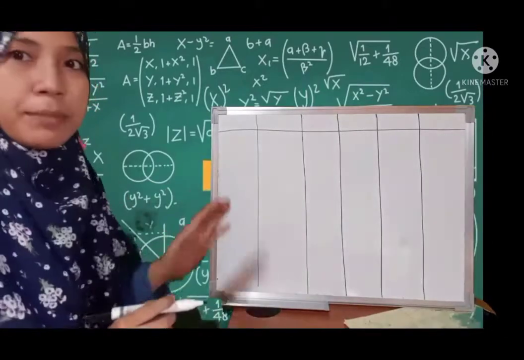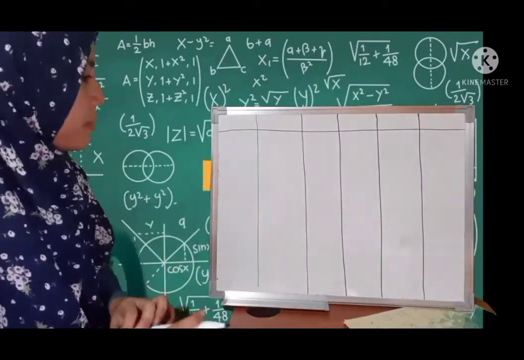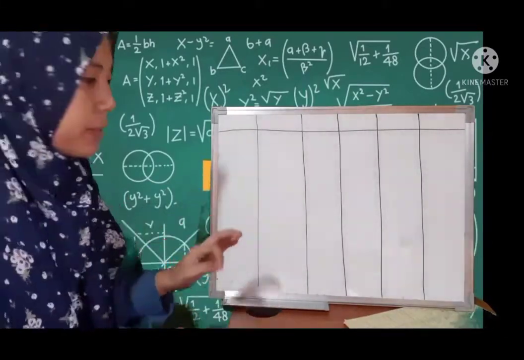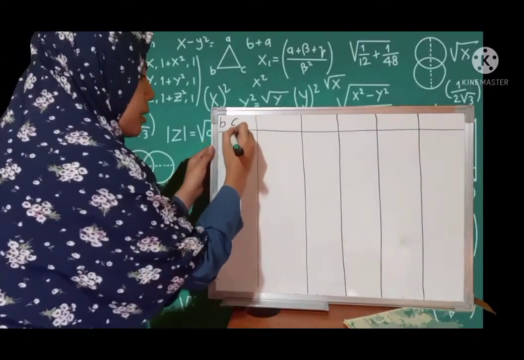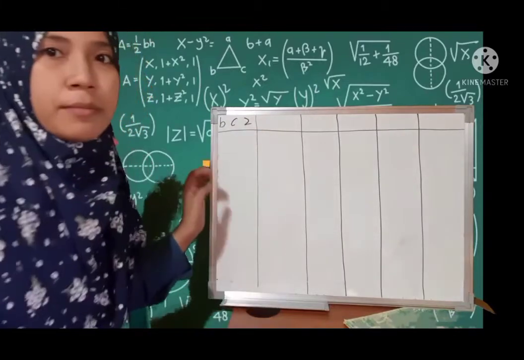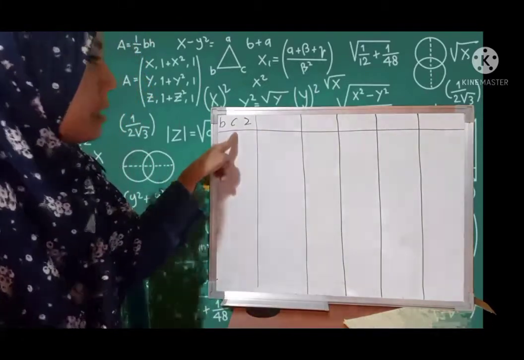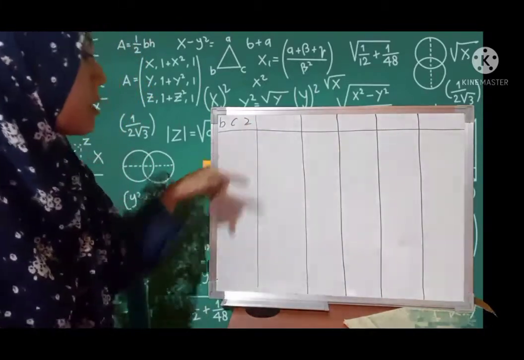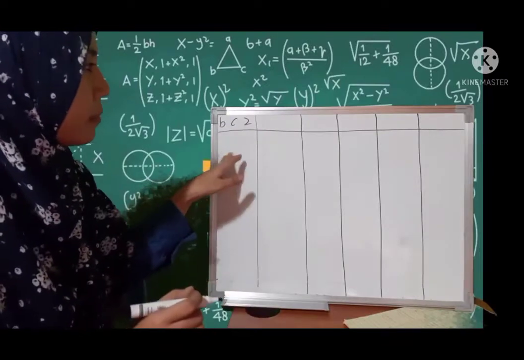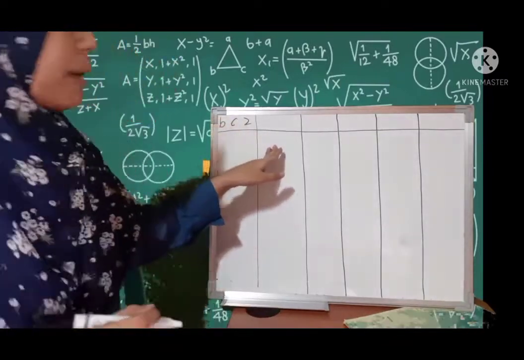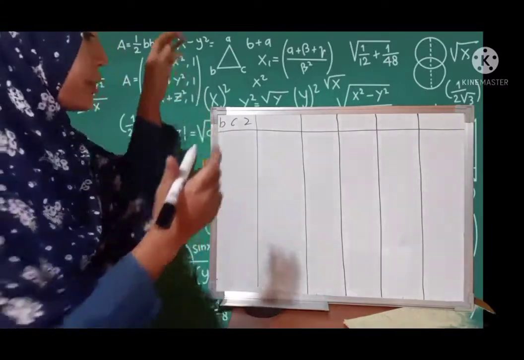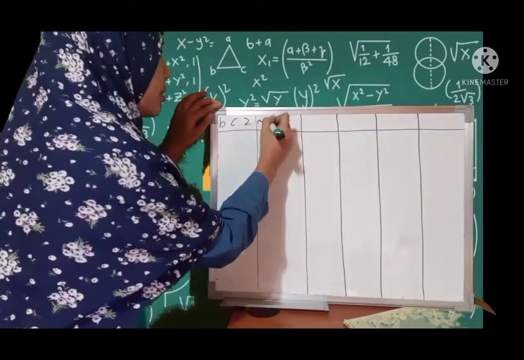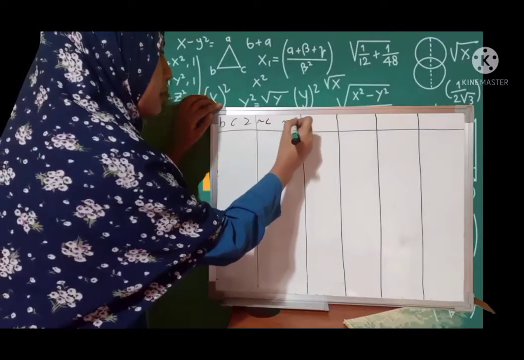So, since tatlo yung statement natin, ang isusulat natin ay B, C, and Z. So, sa paggamit natin ng negation, ang negation natin ay dalawa, which is the negation C and negation Z.